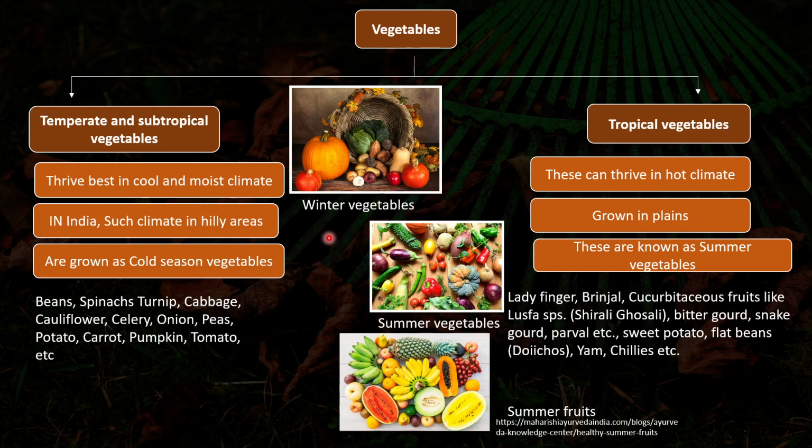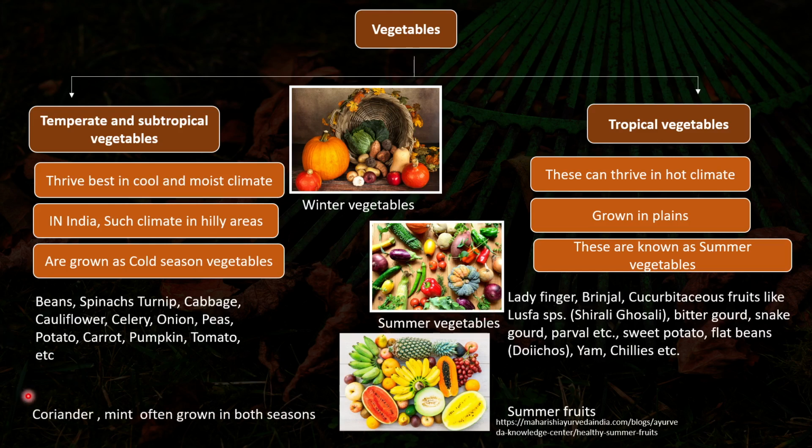In fact, nowadays almost all of the vegetables are available in the market year round, but it is always good to grow the vegetable depending upon the climate, because that will give a better yield and a fresh fruit or vegetable.